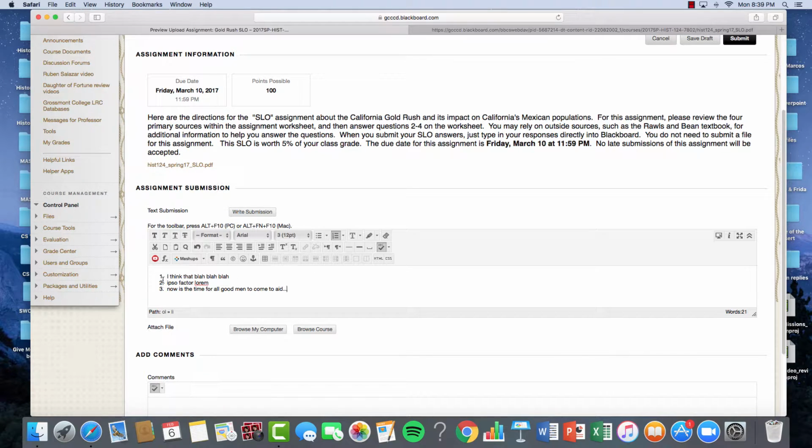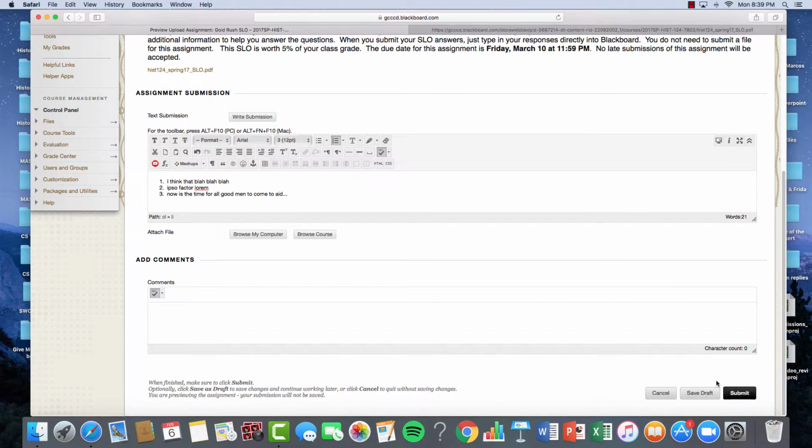So you can number these 1, 2, 3, use the numbered setting here, or 2, 3, 4. Either way, just write your answers directly here in the assignment submission area. No need to send me a file. In fact, please don't send me a file. Just write your answers directly into here, and once you're done, click Submit, and that takes care of that.